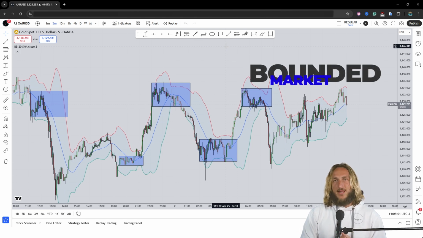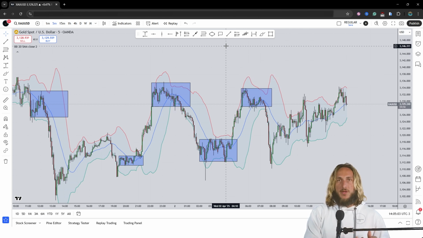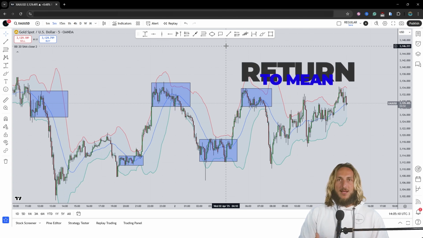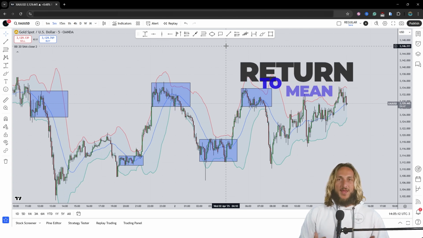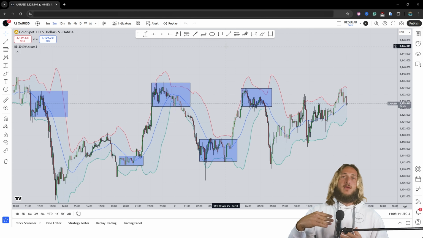So what kind of market dynamic does Euro GBP have? Well, it has a mean return kind of behavior. When there is a divergence from the mean, either to the upside or to the downside, the market usually converges back to the mean.